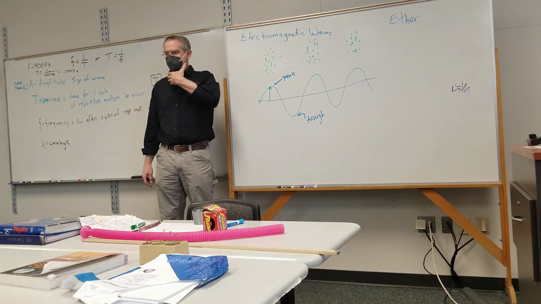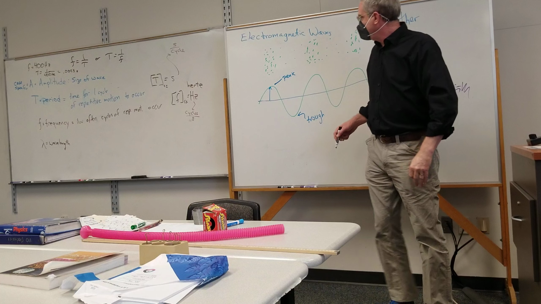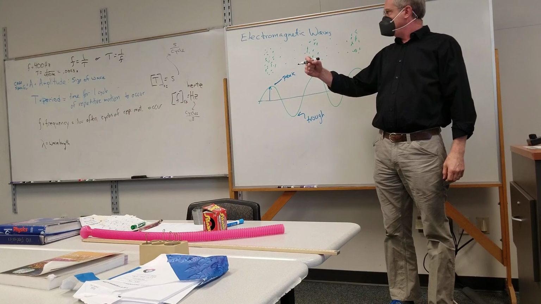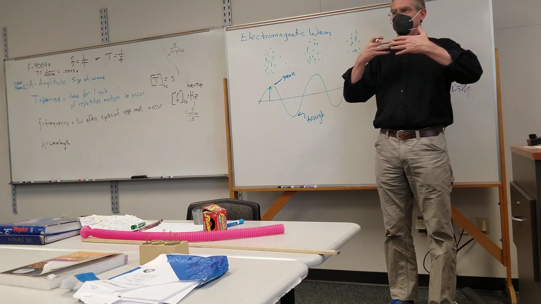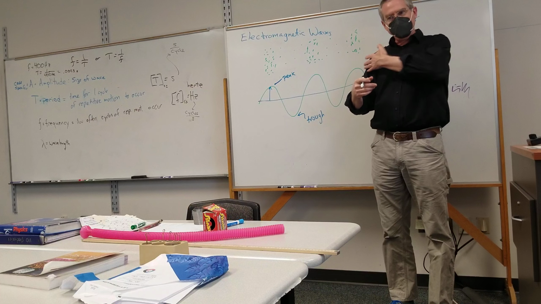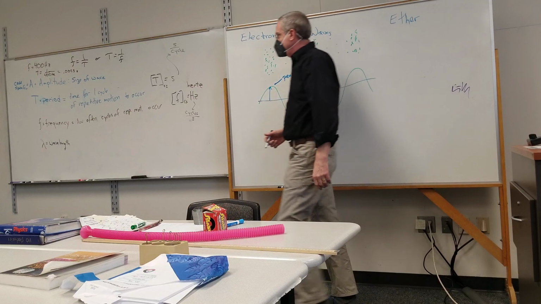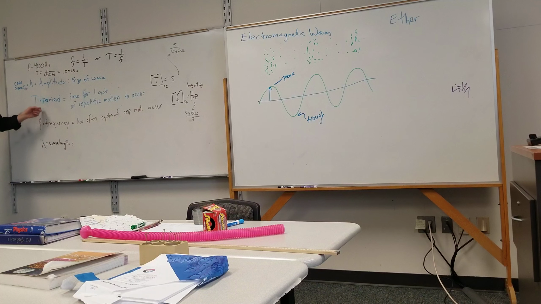So it's 400 hertz coming out of my throat. And the wavelength is basically how far does one of those travel within a period. Because this thing's coming out of my throat and it's traveling at the speed of sound. Wavelength is just the distance the wave travels in one period.